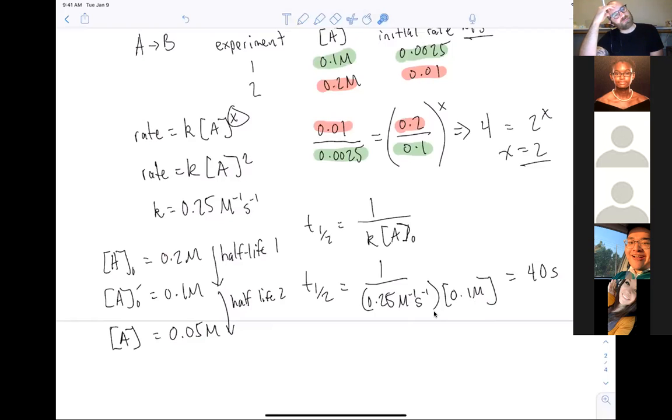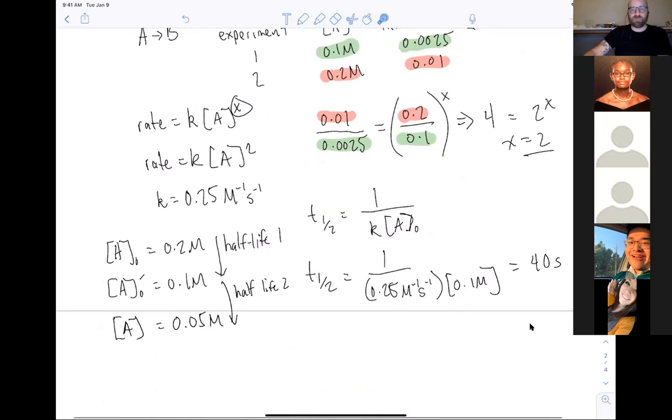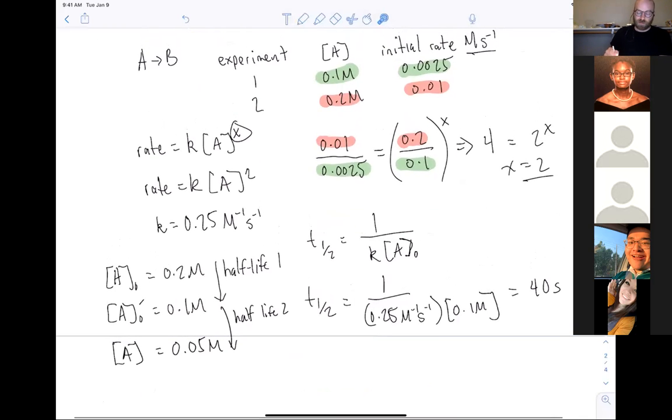Usually when you're, let's see, how would you do that? So I guess you could calculate the general half-life. Let's say in the first problem that we looked at, you're looking at the first half-life ever.